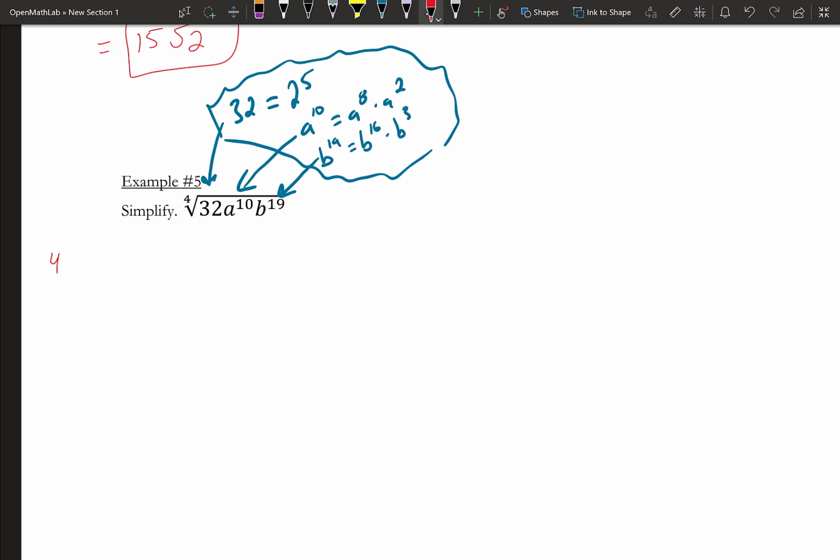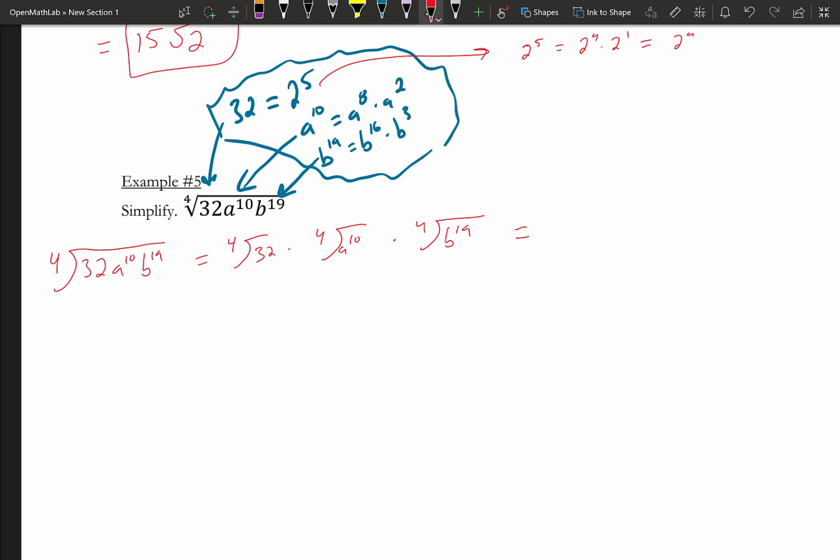So the 4th root of 32, a to the 10th, b to the 19th is equal to, I could split these apart to be the 4th root of 32 times the 4th root of a to the 10th times the 4th root of b to the 19th. And then now I can apply my thought process here. So this 2 to the 5th, I would be thinking that 2 to the 5th is equal to 2 to the 4th times 2 to the 1st, in other words, 2 to the 4th times 2.